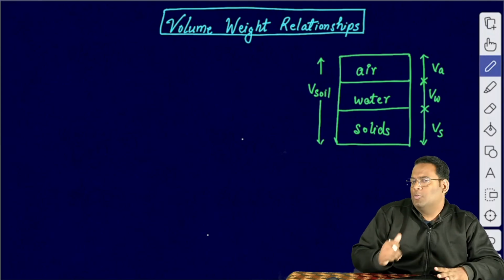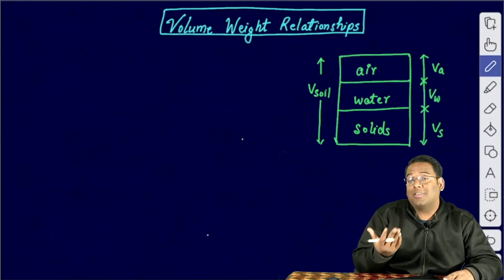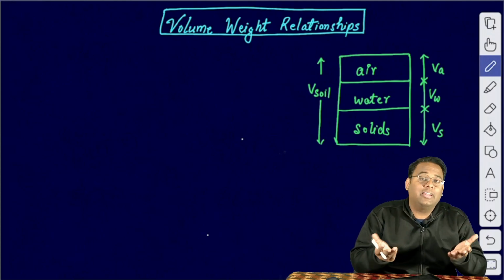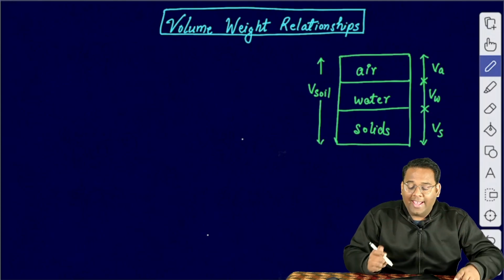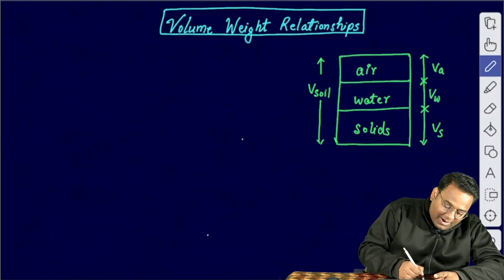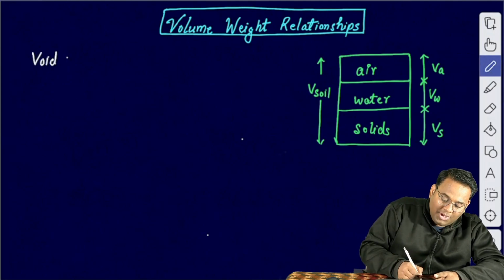And let us suppose I want to represent how much voids are present in my soil. As you already know, the void is nothing but the summation of both water as well as air.